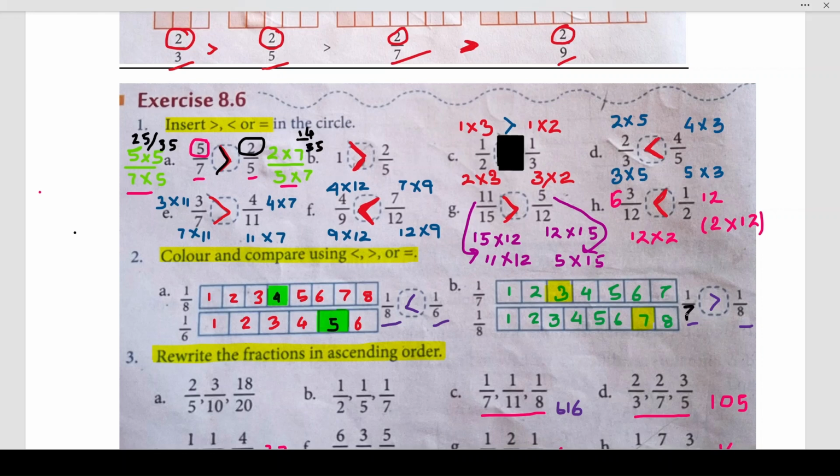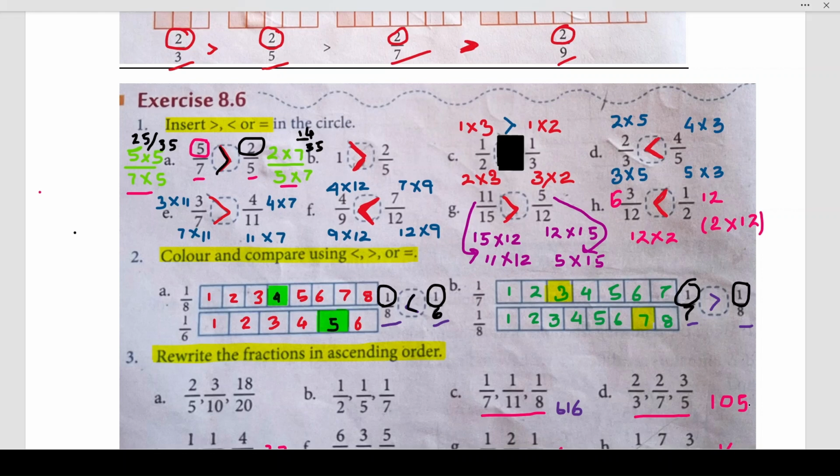We are placing the greater than sign towards the lesser denominator. Why? Because the numerators are the same, 1 and 1. Similarly over here also the numerators are same, 1 and 1. Therefore, we will put it towards the fraction with the lesser denominator.